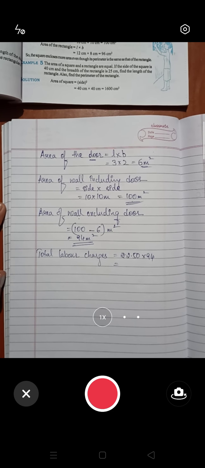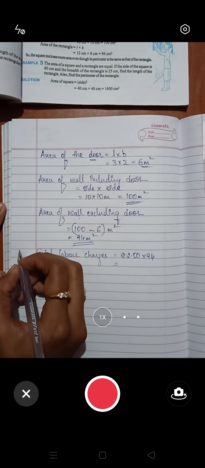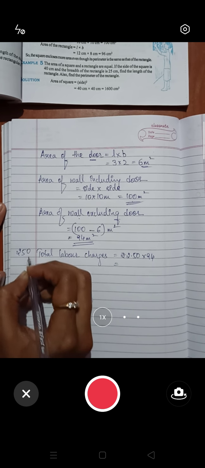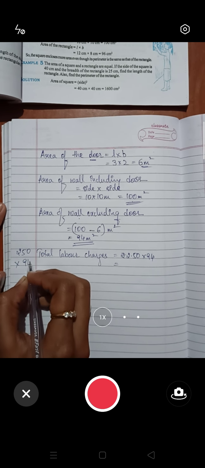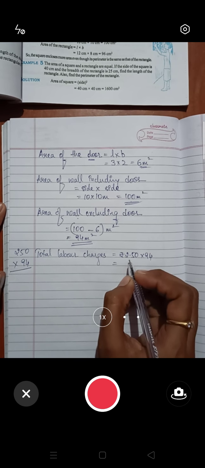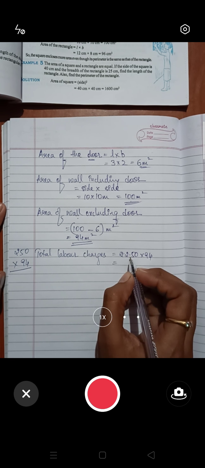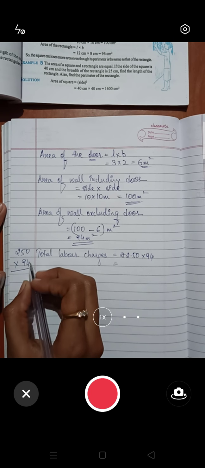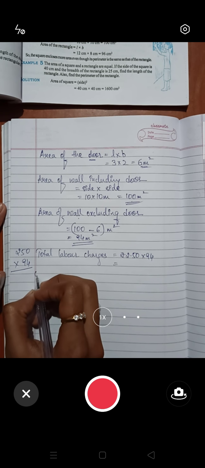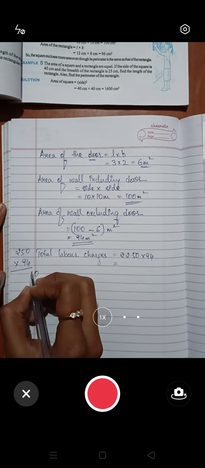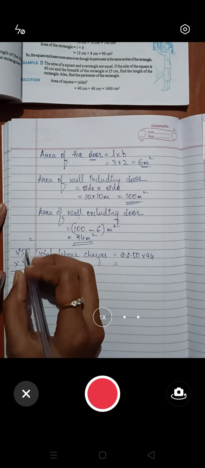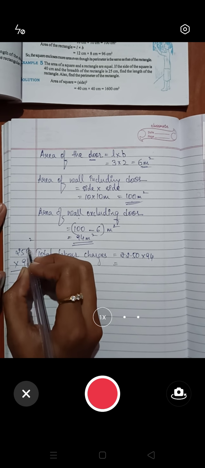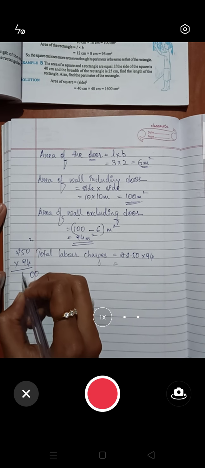Let us multiply in the rough column here. That is 250 multiplied by 94. Until we do the multiplication, let us exclude this decimal point. Later on, we can calculate the places and then put a decimal value. So now 4 zeros are 0, 4 fives are 20, 2 carry. 4 twos are 8 plus 2, 10.